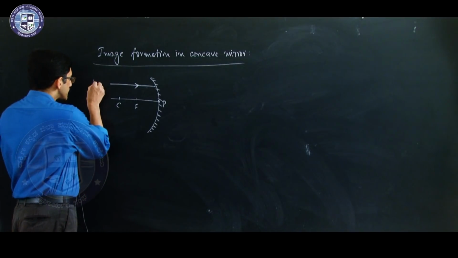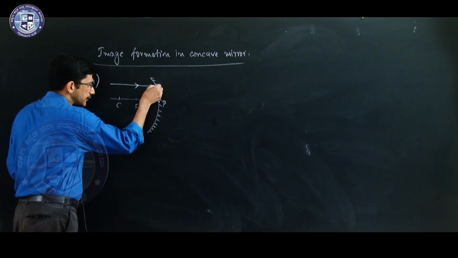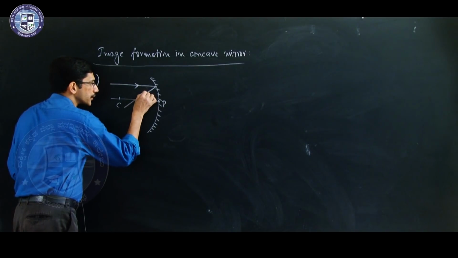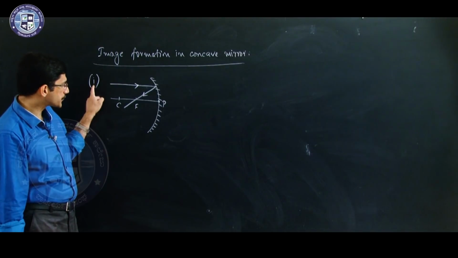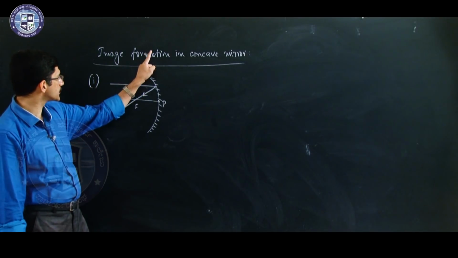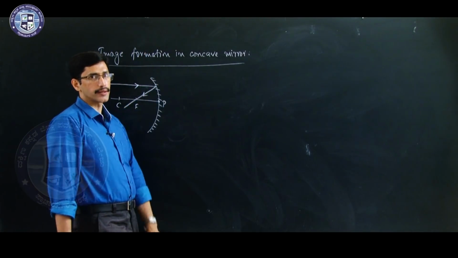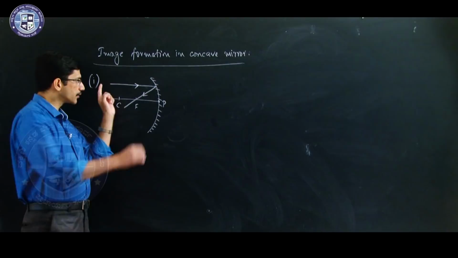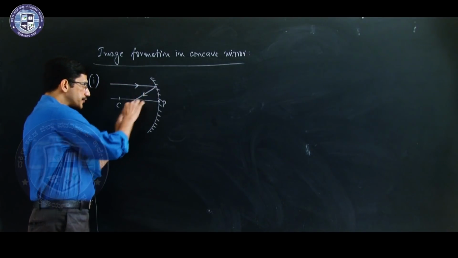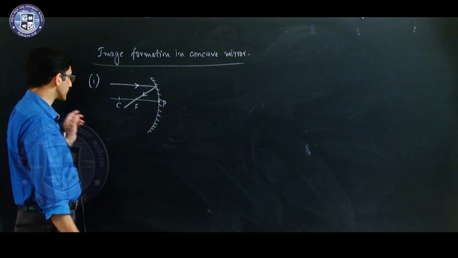Now, the ray which is parallel to the principal axis, after reflection passes through the focus. It passes through the focus. You need to remember that the ray which is parallel to the principal axis always passes through the focus.